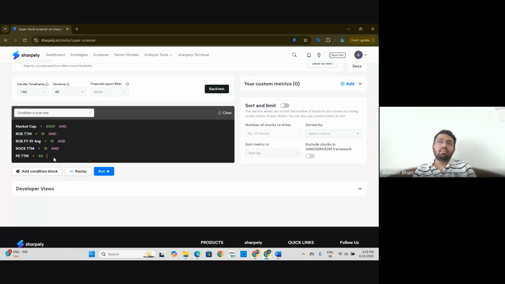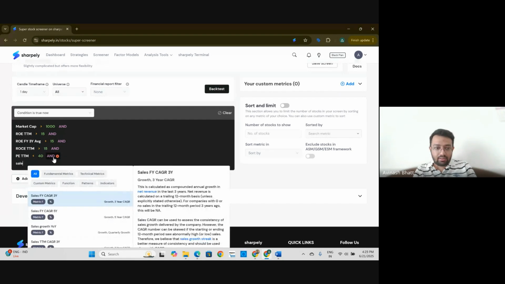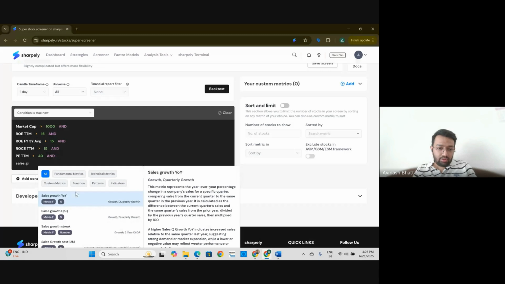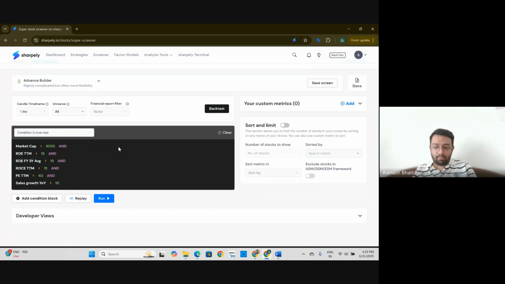And one more thing that we can add is something related to growth. So what we can add is sales growth year on year should be at least greater than 10%. So we don't want to invest in those companies that are not growing. Right. So this is an example of a basic fundamental screen. Now, what I mean by basic is we have not used any advanced techniques in this screen.